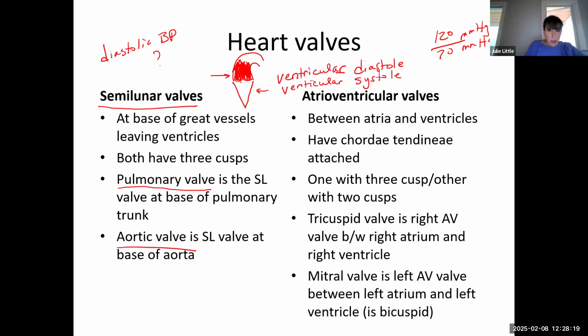It has to overcome this pressure right here to move this unit of blood forward, and the next unit of blood up. So when that left ventricle contracts with force, it has to contract with more force than 70 millimeters mercury of force. That's why diastolic pressure is kind of important, because it really determines how hard your left ventricle has to pump to get blood out of it.